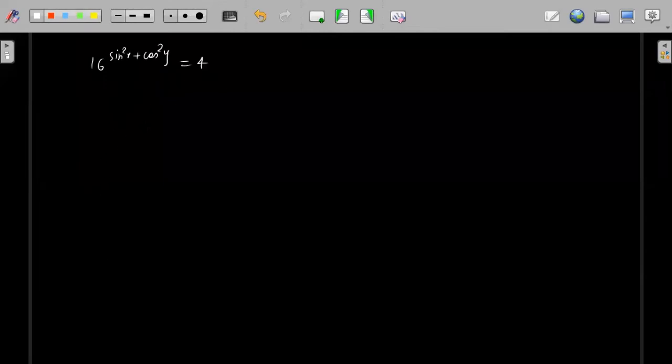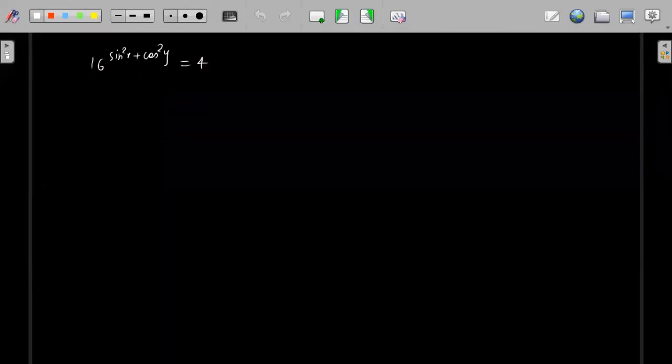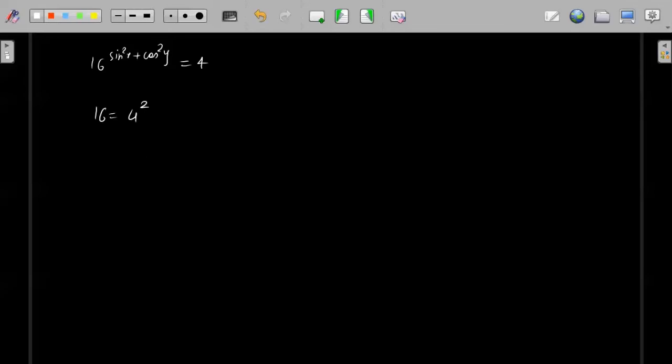Fine. Okay. So this is 16 power 1 by 2. Yes, very good Siddharth, or if you are confused about what power, you can write 16 as 4 square, right? So I can write this as 4 square sine square x plus cos square y is equals to 4 to the power 1.